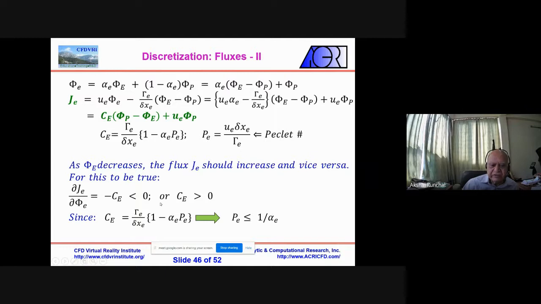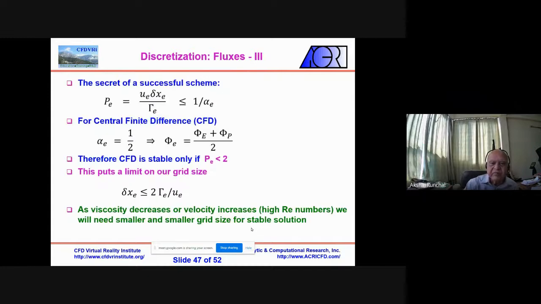Therefore the relation says that C_E cannot be negative, therefore the Peclet number must be less than 1 over alpha. So the problem that people were facing before upwinding was that for central differencing, alpha is half. So as soon as the Peclet number became 2, the problem became unstable. So it is only stable if the Peclet number is less than 2.